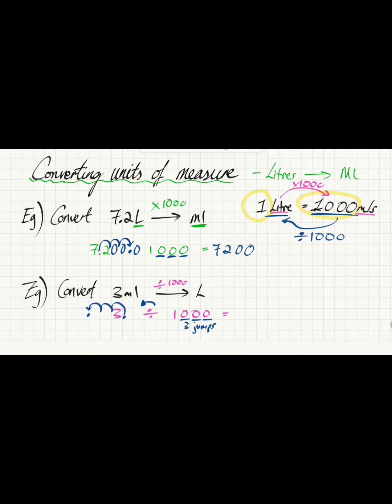We jump and we dump, and we fill in the mountains with zeros. And of course we must protect the decimal point with a 0 at the front. So our answer is 0.003.